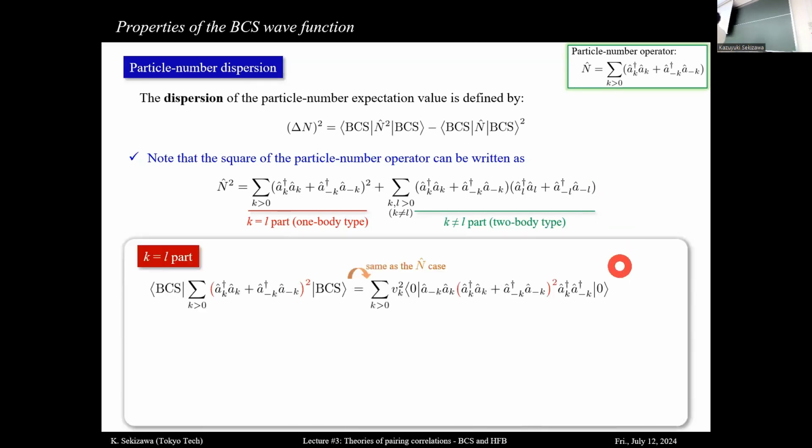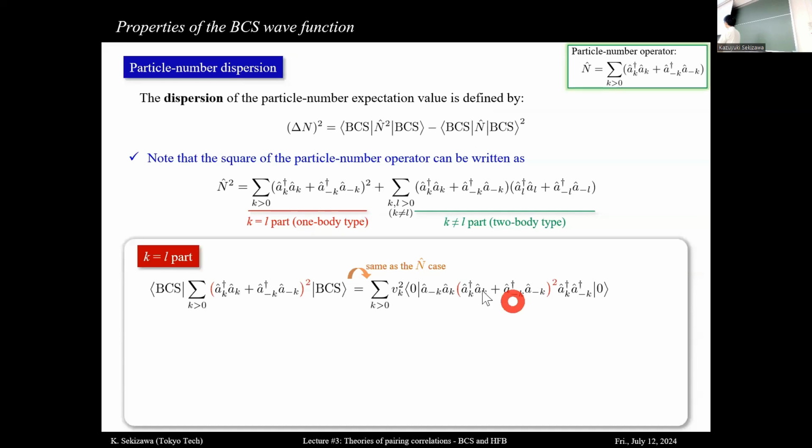So now let's see how to calculate this k equals l, one-body part. It is very similar to the expectation value of the particle number operator, but we just have this square here. In the same way as the particle number operator, we can get this equation, and the only difference is this red colored parenthesis squared.